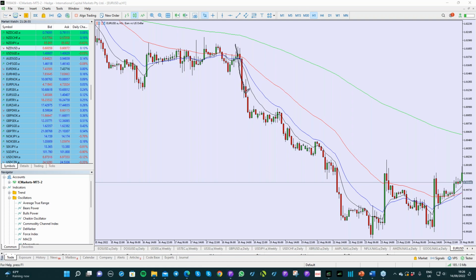So price will move down in the direction of the trend, and then price will pull back to an area of equilibrium.